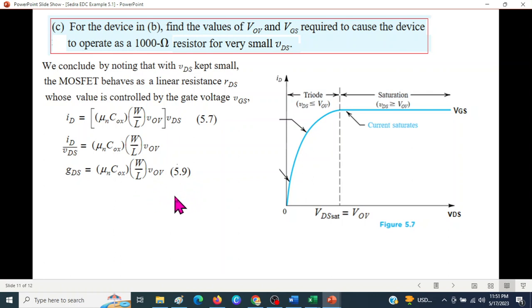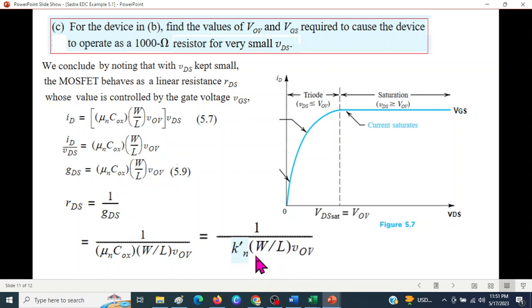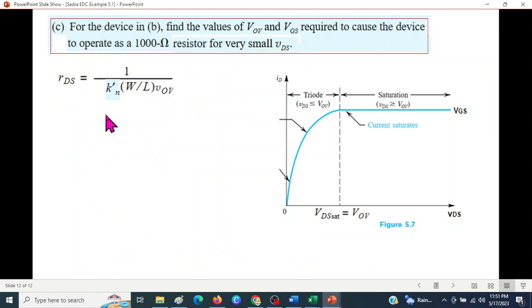Now GDS and RDS: 1 over RDS is GDS, and so RDS is 1 over this value, and mu and COX is also called Kn dash. We have seen this. So we were here.